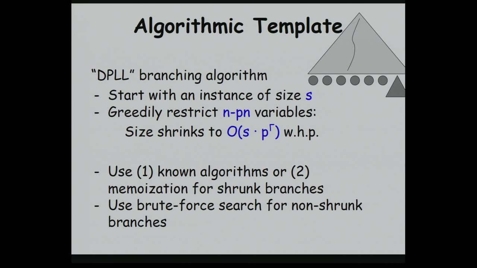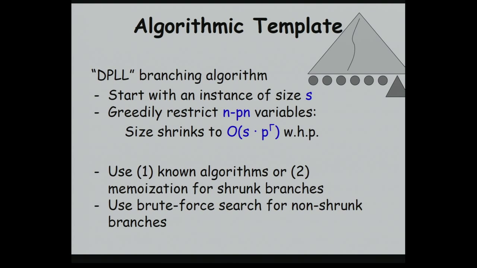And at the end, I will have a very small shrunken instance. So depending on the parameters of s and p, I can either use some known algorithm to solve these small instances, or I can use memoization. But for the small fraction where the shrinkage does not happen, I can use brute force search. So it's simple. Let's call it a template of algorithms.